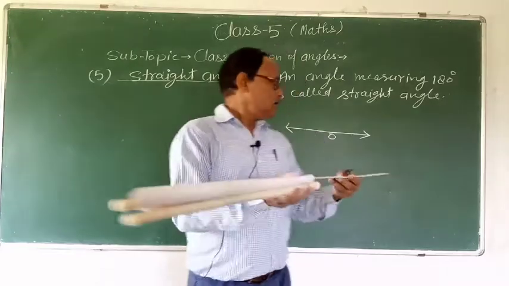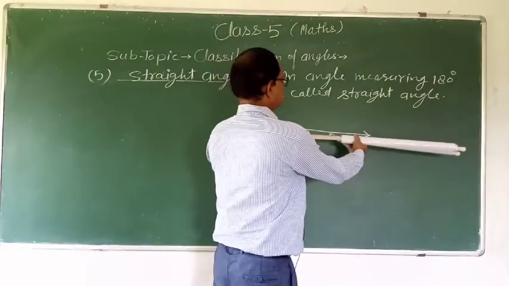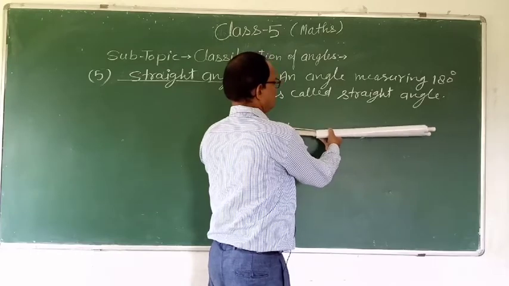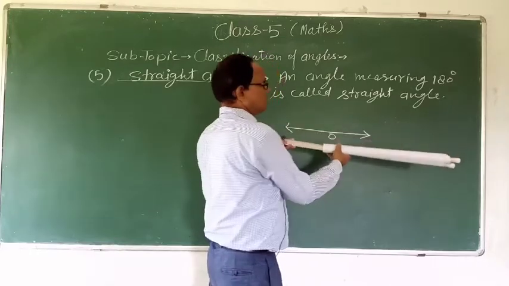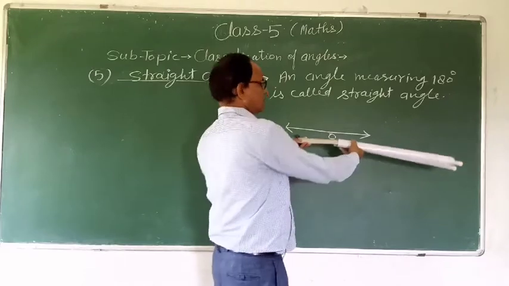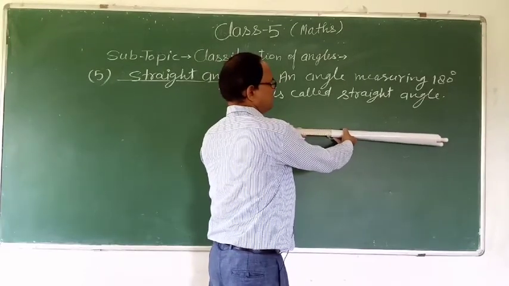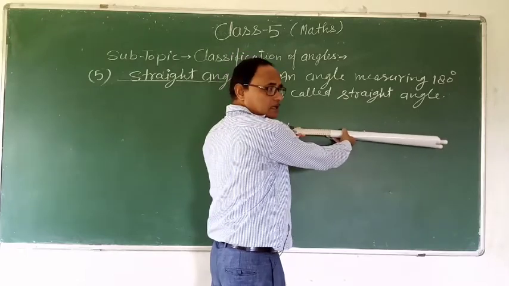Thus, O is the point. Here it makes an angle of 180 degrees because both rays are straight and join at a point in a straight line.